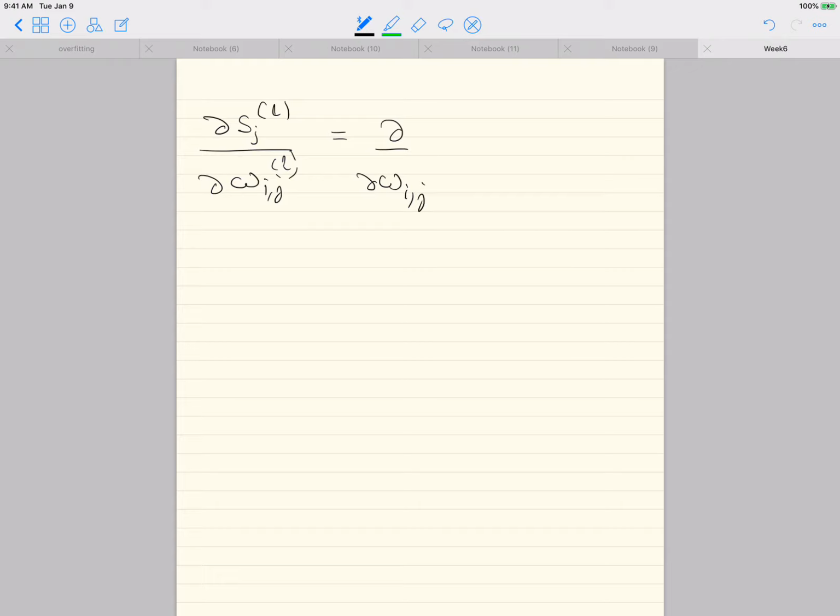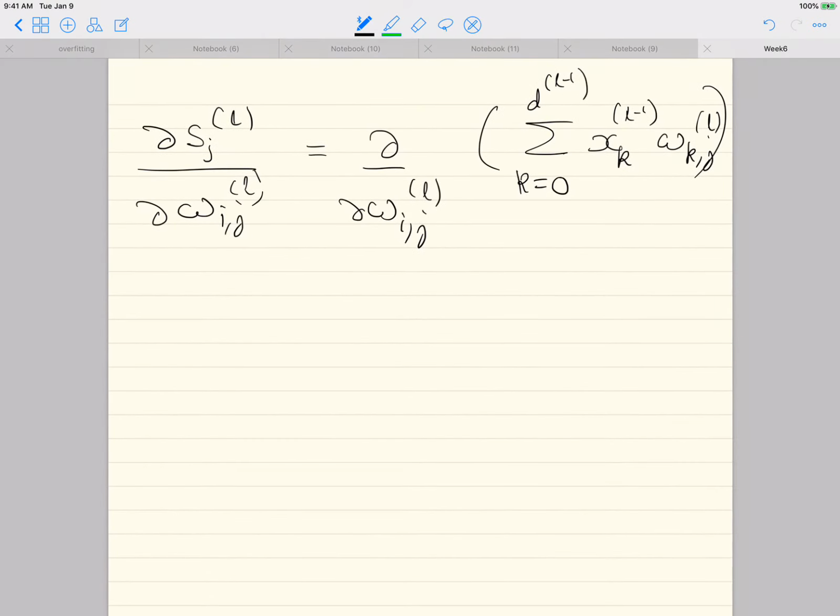We just have to use the definition of Sj of L. This is the summation of k going from 0 to the number of nodes in layer L minus 1. Now what is this going to simplify?